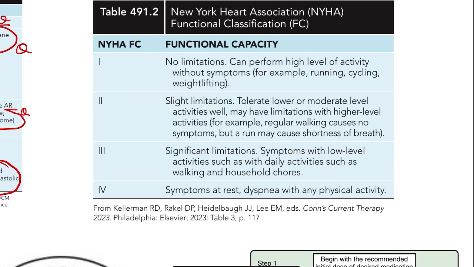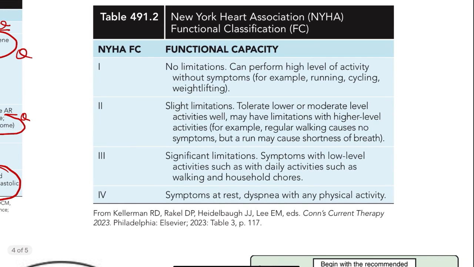Okay, so the New York Heart Association classification of heart failure. This is actually simple, but simple things are generally asked more in exams. So NYHA class one, there is no limitation of activity. Okay. Second, slight limitation, means they can regularly walk, but they can't run, they can't climb stairs.